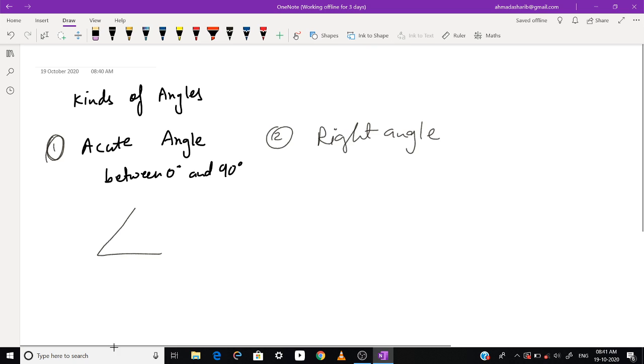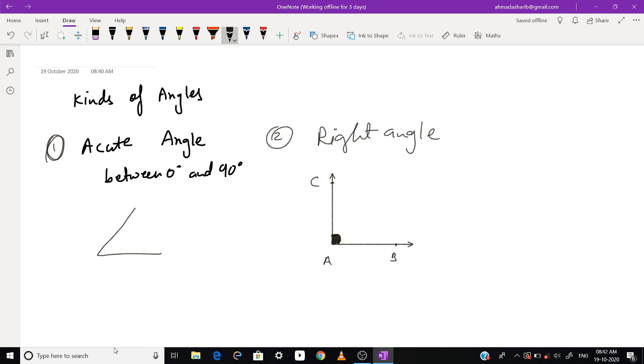It looks like this, like an L. For example, this is point A, this is point C, and this is point B. So this is a right angle, and it is denoted by this sign. Wherever you see this square-shaped sign, it means it is a right angle, or the right angle looks like L.